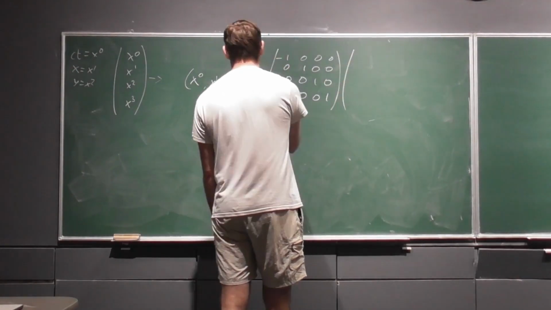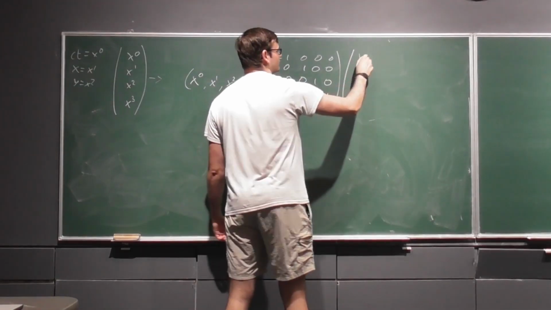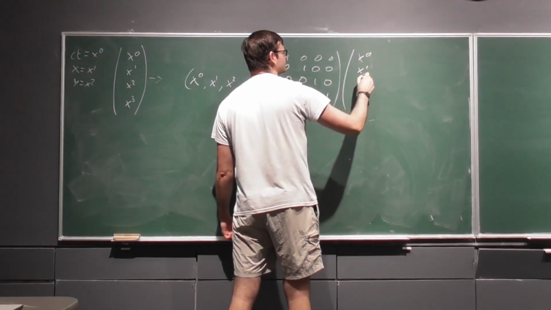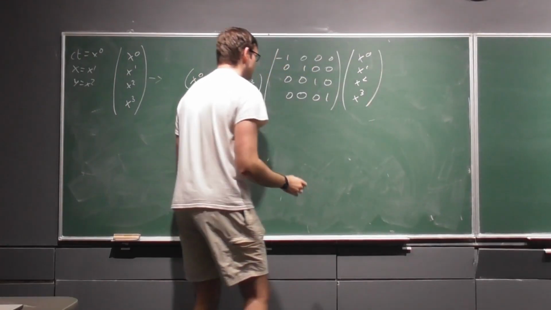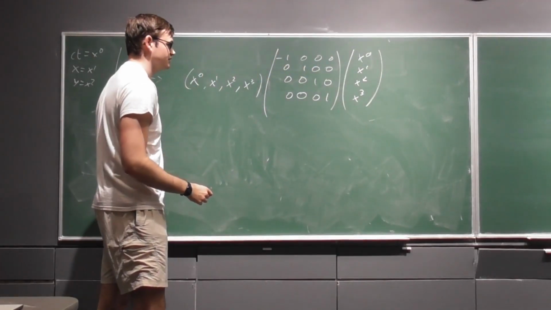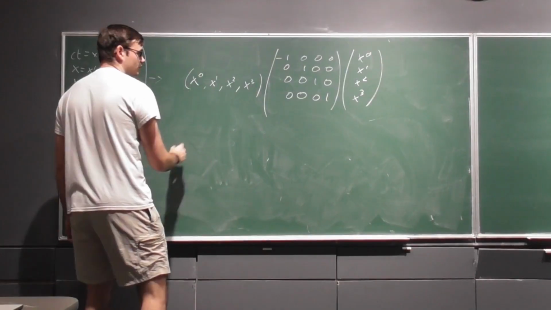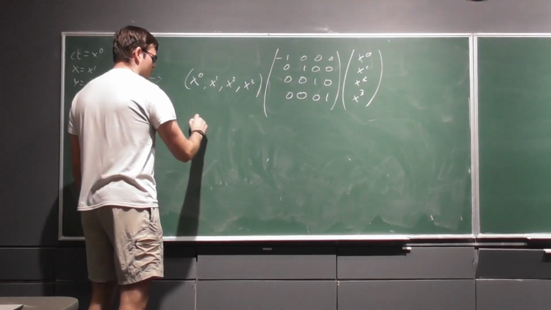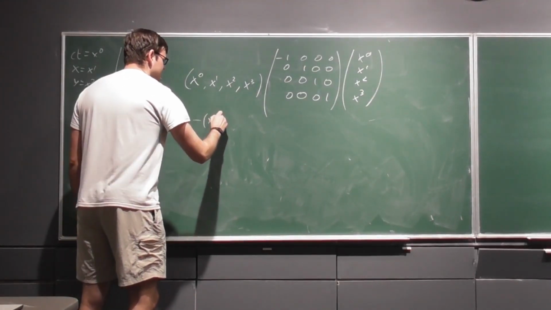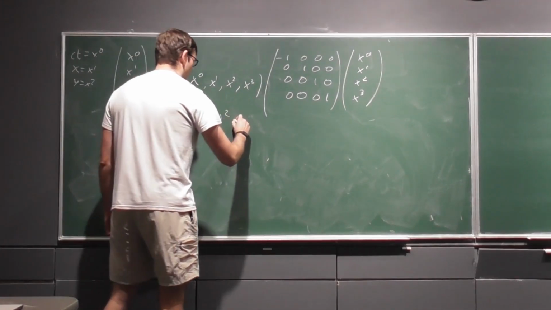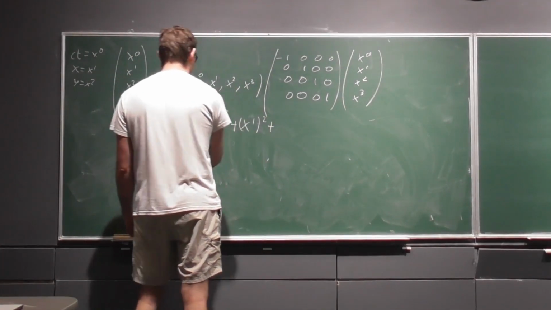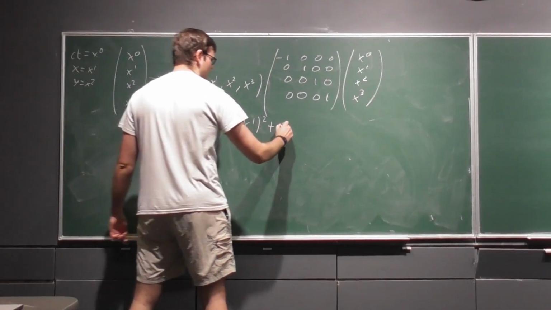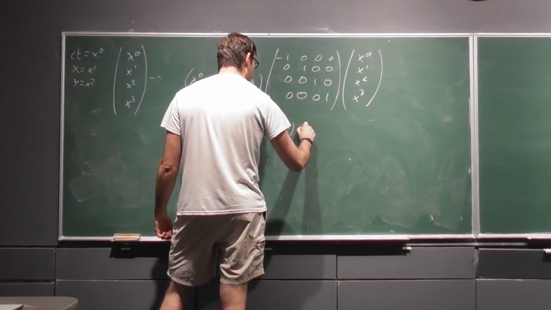And then to get an inner product, we're going to have the same vector again. So now let's do this inner product. We're going to get kind of the same form, but we're going to get a minus x0 squared and then plus x1 squared plus x2 squared.